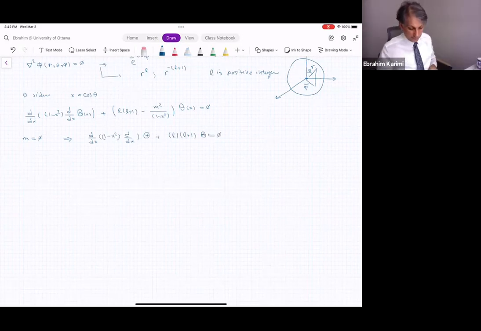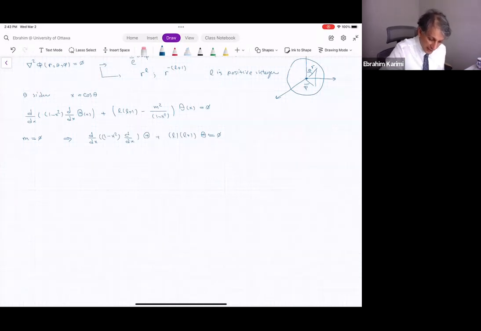And we say that this is a second order differential equation, and you can use the Frobenius technique in solving the equation. As soon as L is an integer, the series is bounded.